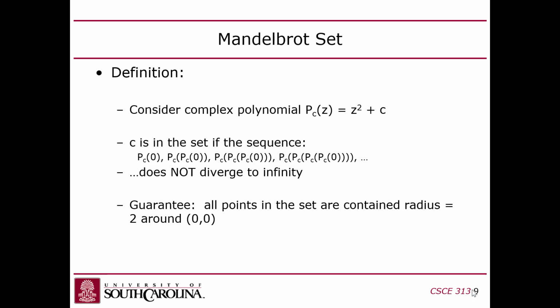So as you're doing this, the value of c stays constant. That's just the value you're testing. The value of z starts at 0, and then every time you evaluate the polynomial, you update z with that value. So it's sort of recursive in that way. If z is 0, 0 squared is 0, so p sub c of 0 is just c.